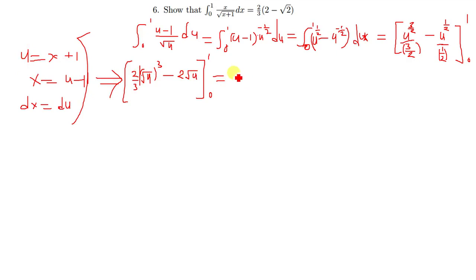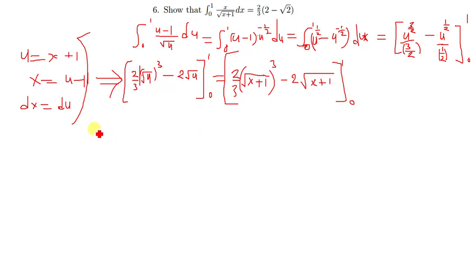So this can be written now as 2 over 3, then where there is u, we put x plus 1 raised to power 3, and then minus 2 the root of x plus 1, and then we close the brackets like that. So I'm going to have 1 there, and you get your 0 there.